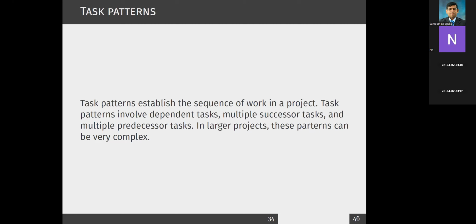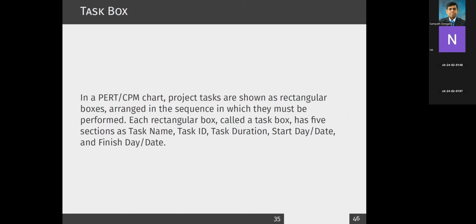And sometimes after finishing the task, you might start multiple tasks. We call them multiple successor tasks. And sometimes you have to complete multiple tasks to start the next one. We call them multiple predecessor tasks, right? So you can see a lot of patterns. Let's see what patterns are available.